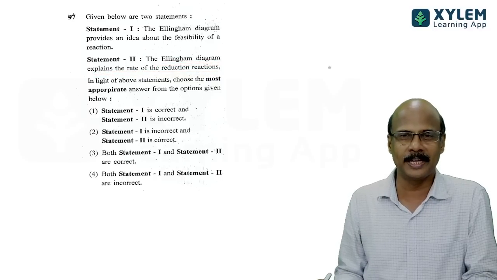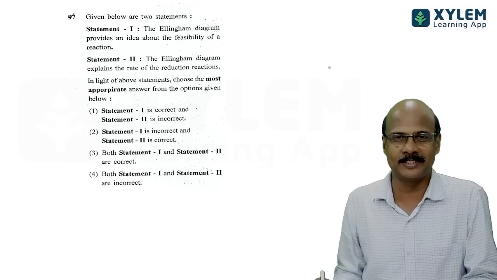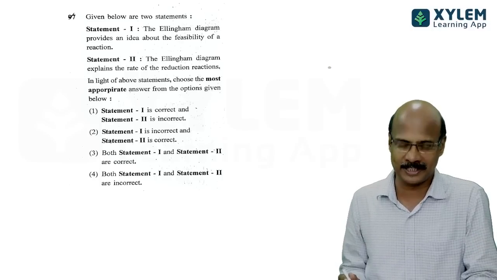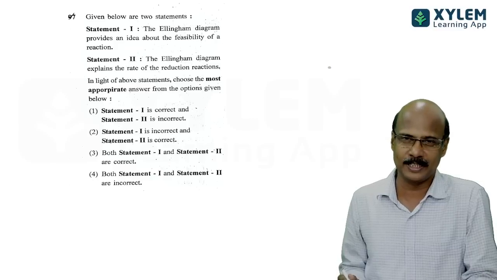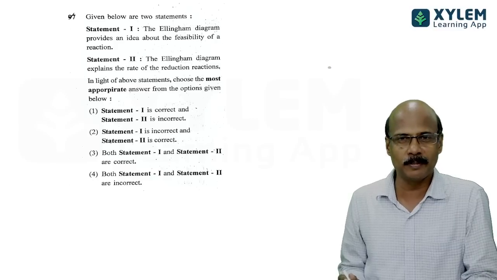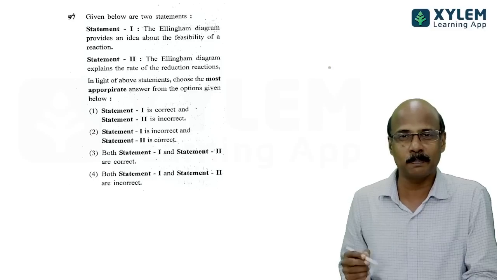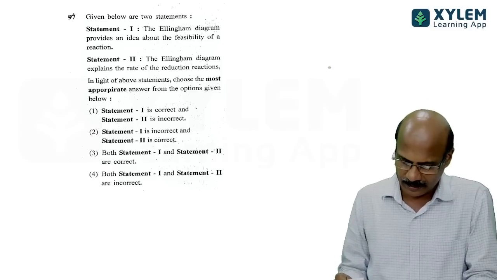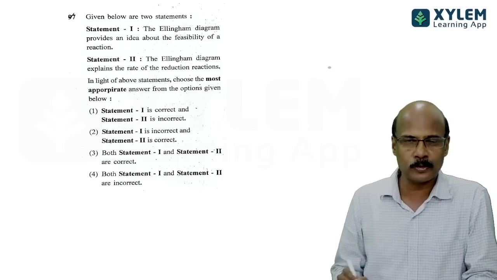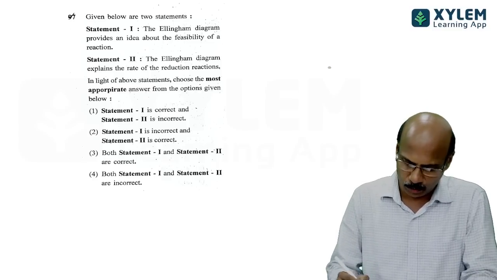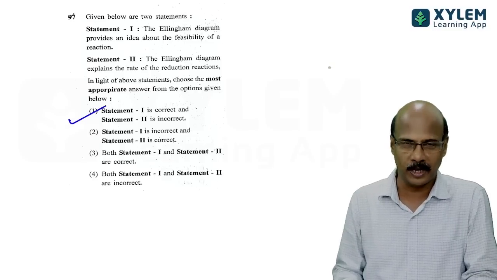The Ellingham diagram is not a kinetic consideration. It is purely based on thermodynamic consideration. No kinetic consideration is involved in it. So from the Ellingham diagram, nobody will get an idea about the speed of the process, the rate of the reaction. So statement 1 is correct, whereas statement 2 is wrong. So the correct option is the first one.